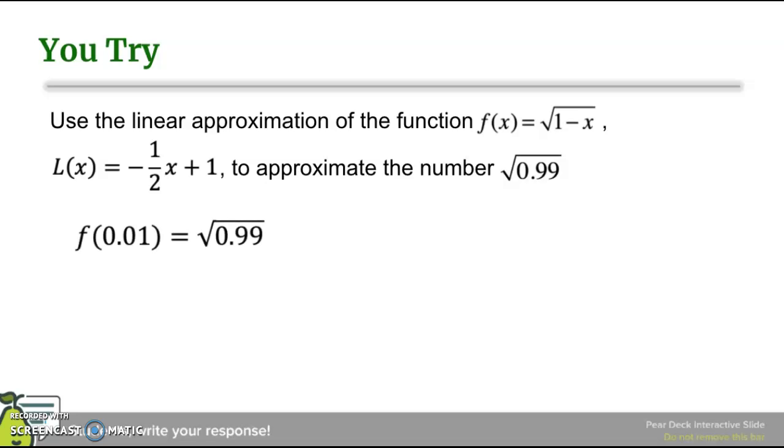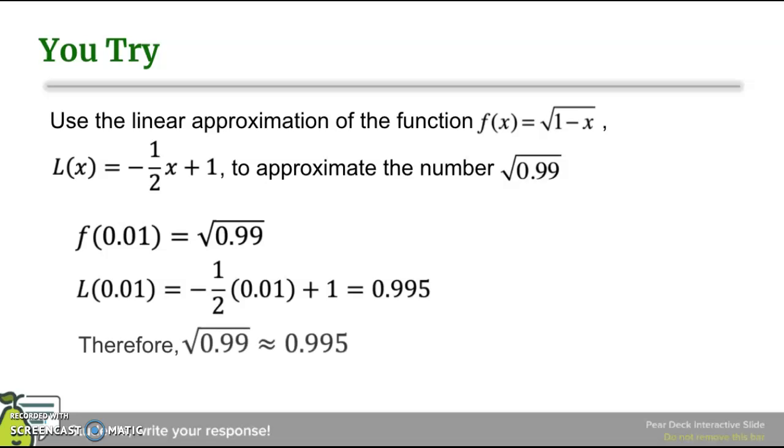All right, well, this time I'm interested in an x value of 0.01, and f of 0.01 would equal the square root of 0.99. So I'm going to go ahead and plug in the value into my linearized equation, and I get 0.995. Well, what's the actual square root of 0.99? It's actually 0.994987, very close to 0.995.